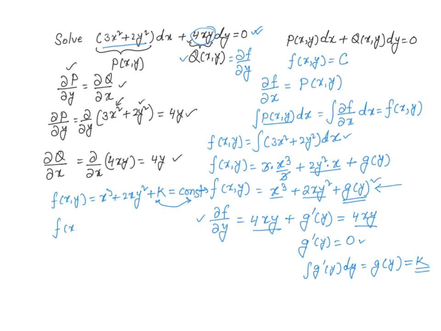So f(x, y) is equal to x³ plus 2xy², that is equal to some arbitrary constant c. This is in essence your solution to the given differential equation. I hope that this discussion was helpful. Thank you very much.